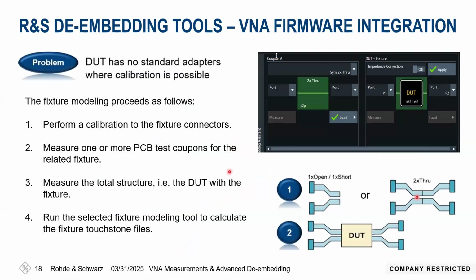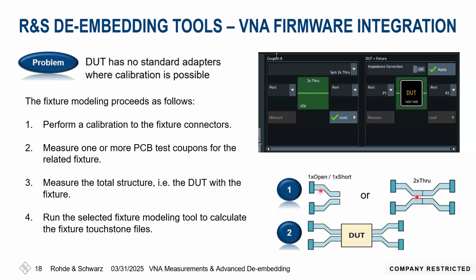So if we look at the process flow of our de-embedding technique, it's very easy. First, we have to perform the regular calibration at the end of the cables. Then we measure the test coupons, whatever they may be. As discussed, our test coupons could be 2x through or 1x open or short.